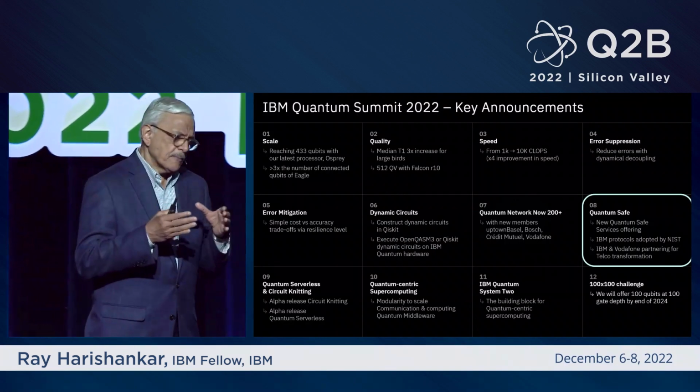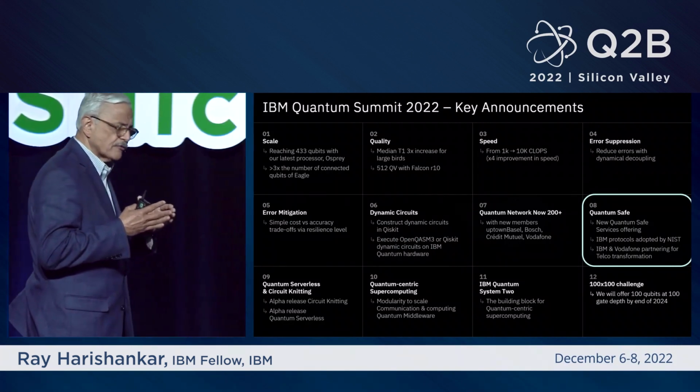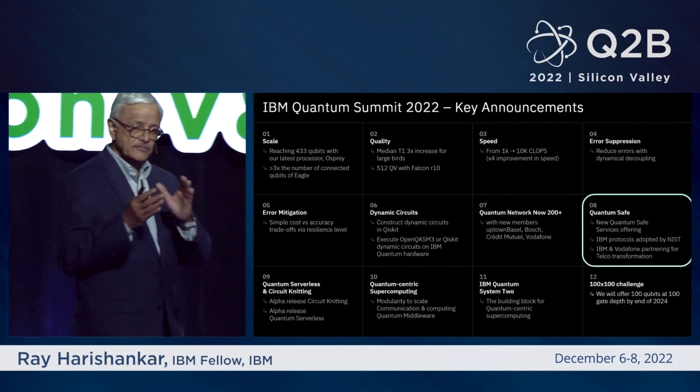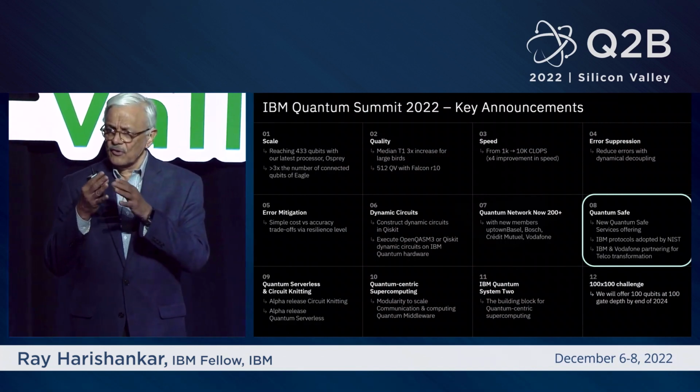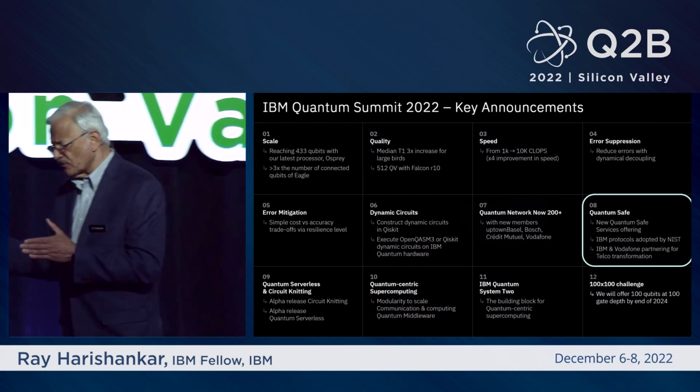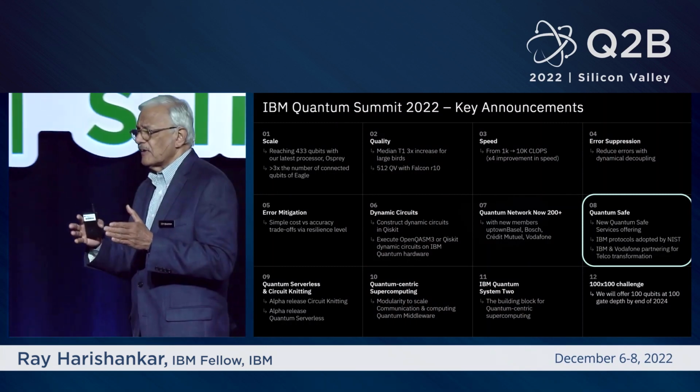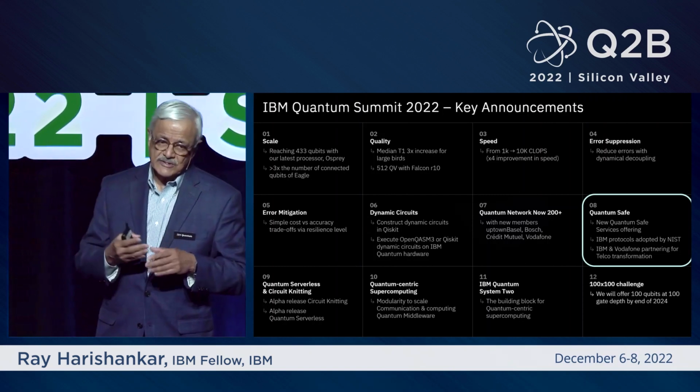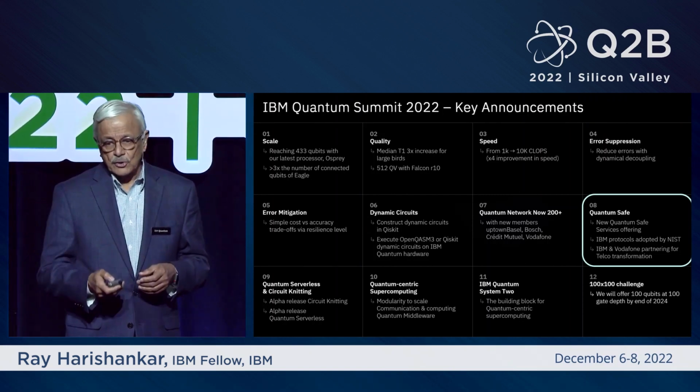Now, at IBM, if you look at the focus of IBM Quantum, you can look at it as two sides of the coin. One side is focused on fundamental quantum computing that the majority of this conference has been talking about. The other side that we recently began to focus on is on quantum safe.